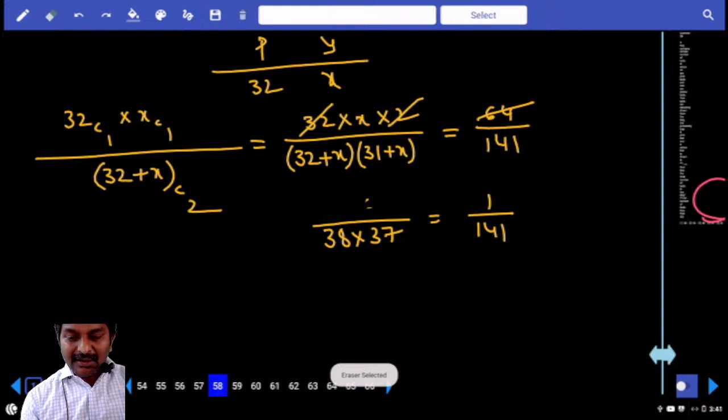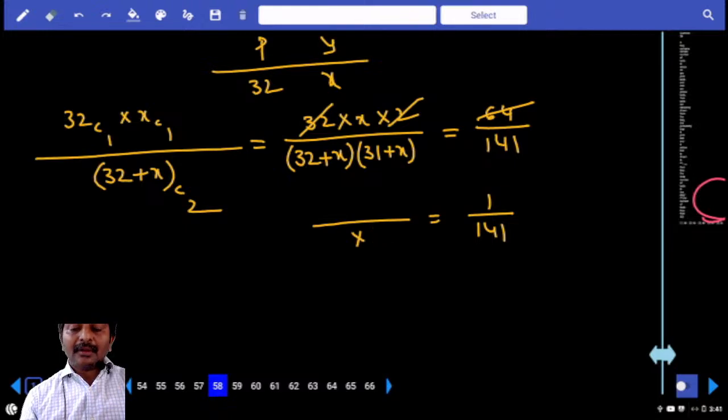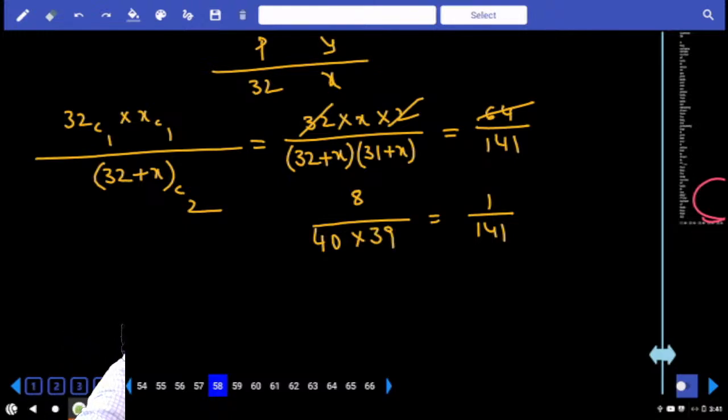Right, eliminate this. What is the second option? 40. If 32 plus x is equal to 40, x is equal to 8. Then this is 40 and this is 39. In the denominator on the left hand side we have a multiple of 5, but the answer doesn't have a multiple of 5. Can this be your answer?